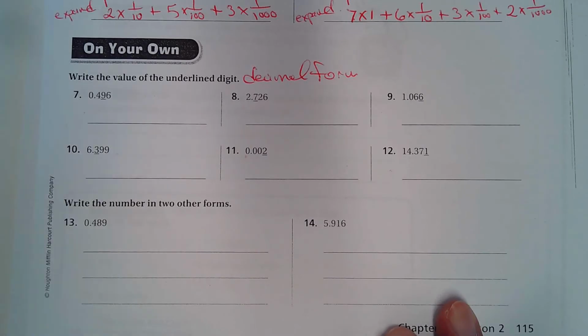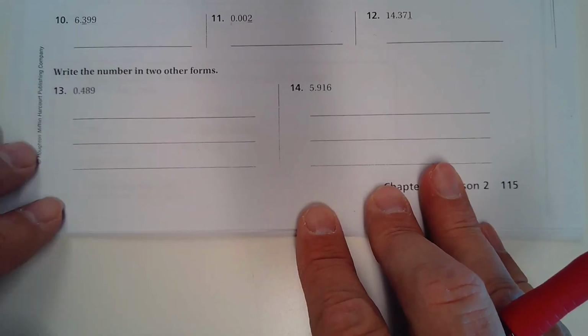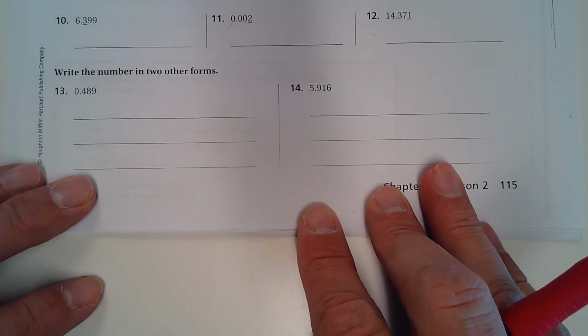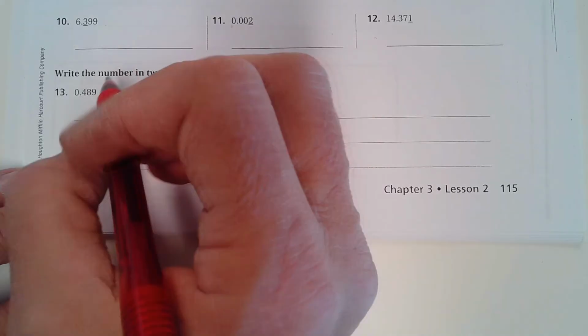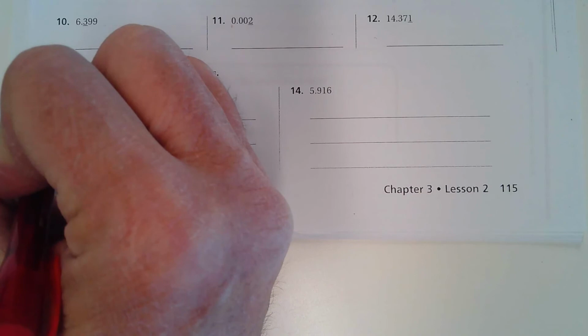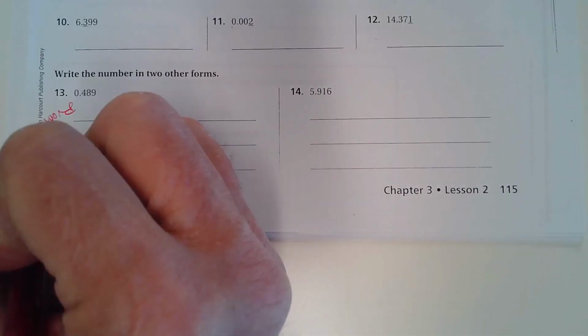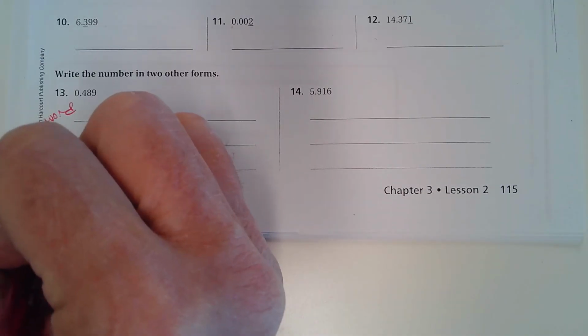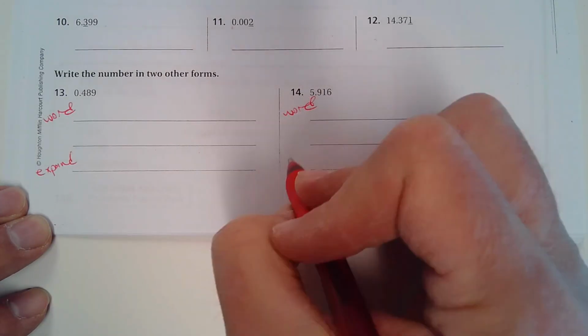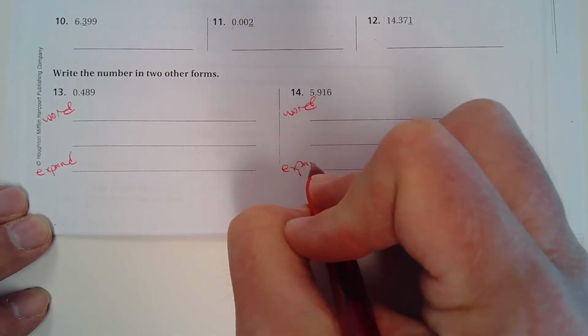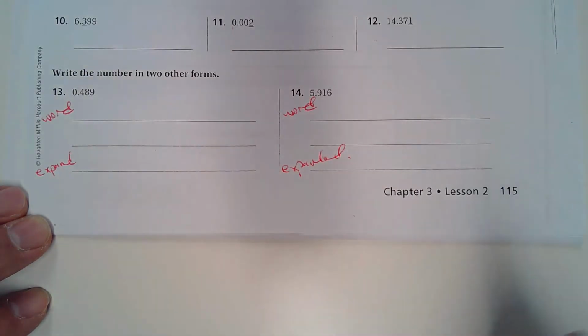And then here, down at the bottom of the page, it says write the number in two other forms. So let's do it like we just did. Let's do a word form and expanded. Word and expanded. Okay.